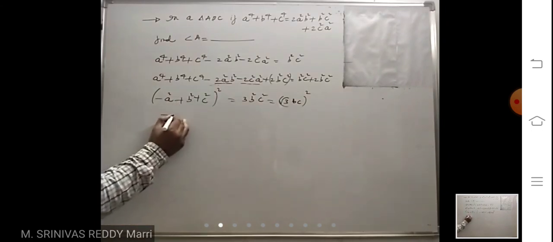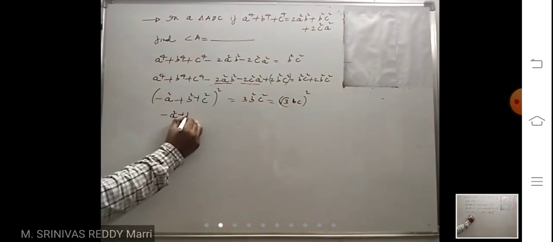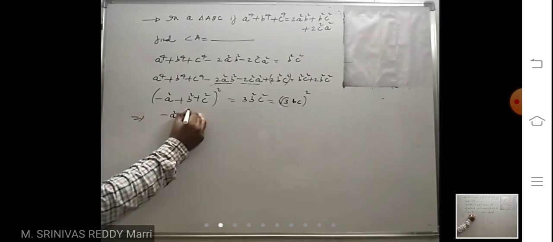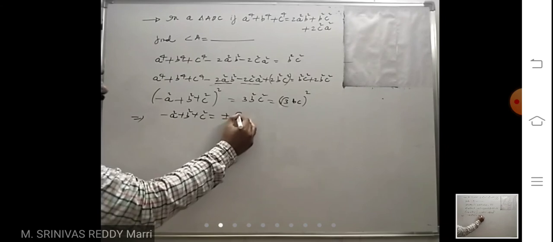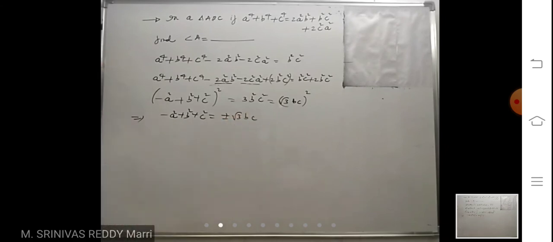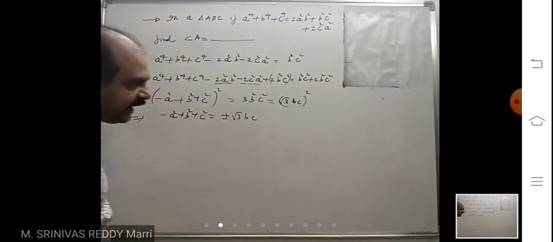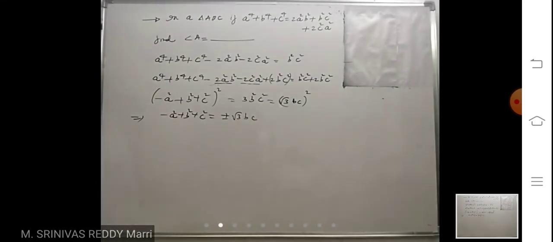Therefore, eliminating the square, minus a square plus b square plus c square equals plus or minus root 3 bc. Whenever you eliminate a square, you write plus or minus.